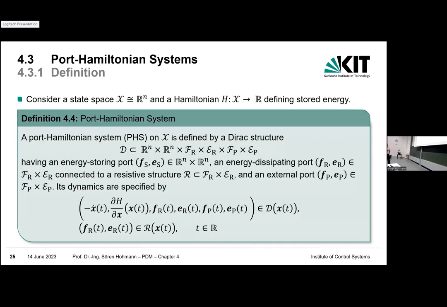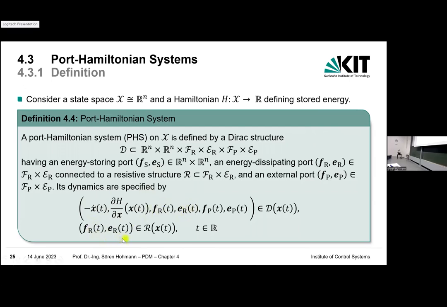Now we can say the following. A so-called port-Hamiltonian system is defined as follows. We take a Dirac structure because it's our energy routing element. Second, we have energy storing ports, which is given by means of minus x dot and the derivative of the storage energy. F_R and E_R are not arbitrary.